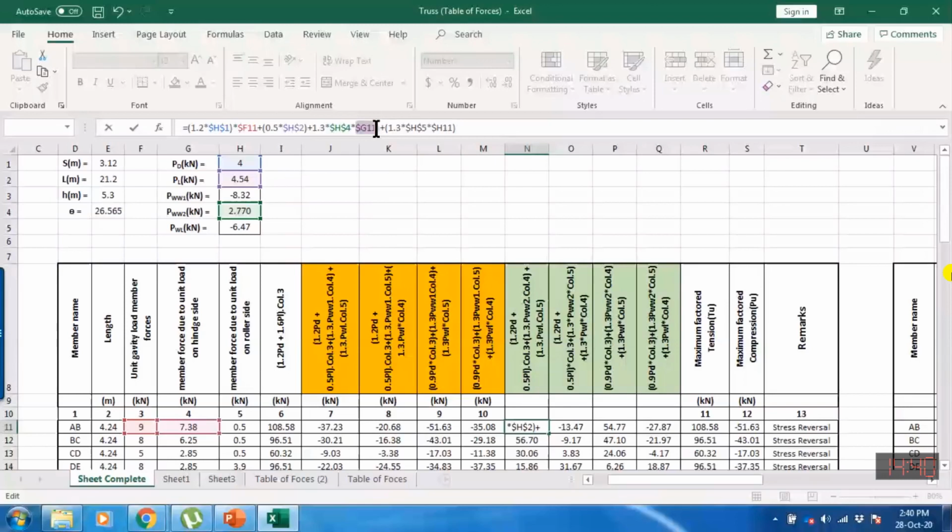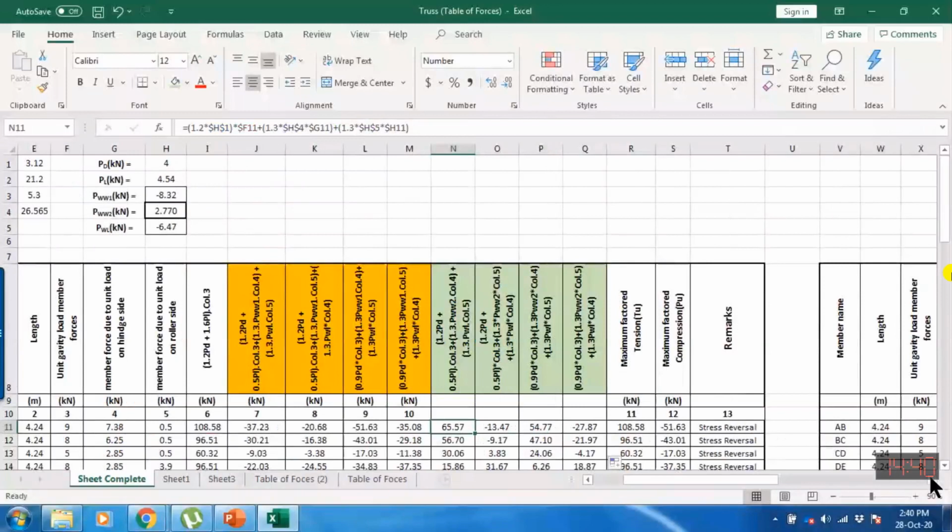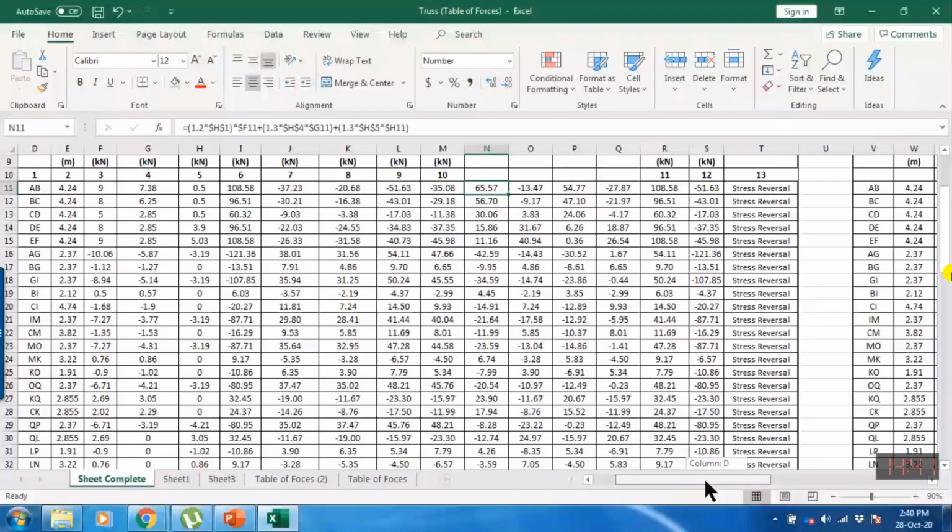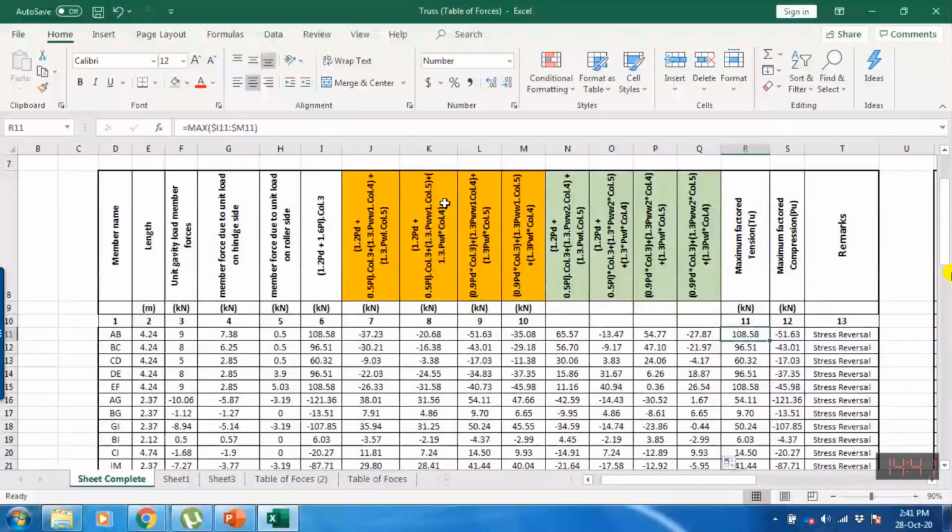So you have this complete table of forces. Out of this table of forces, forget about the stress reversal. So here you have to write down the command maximum. Select maximum, and you need to select the range from this.